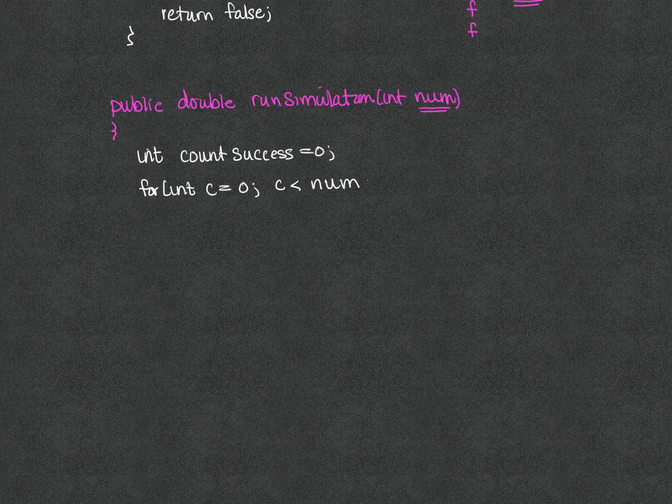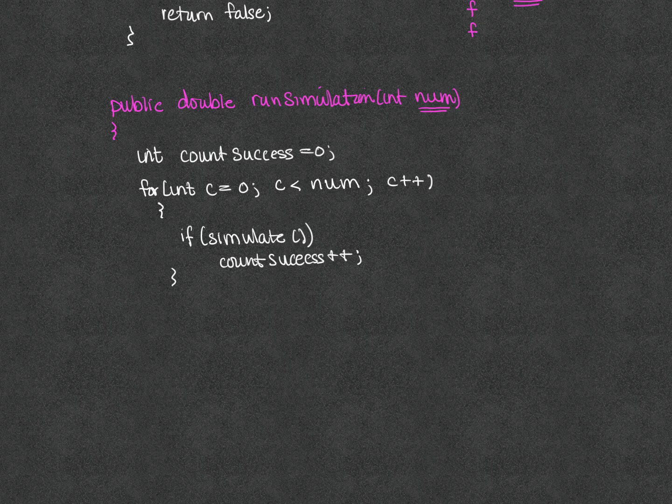So c will start at 0, c less than num, c++. We're counting how many times we're going to do this. Each time we're going to call the simulate function. Remember the simulate function that we just wrote returns true or false. So if it's true, we count it as a success. If it's not true, we do not count it as a success.